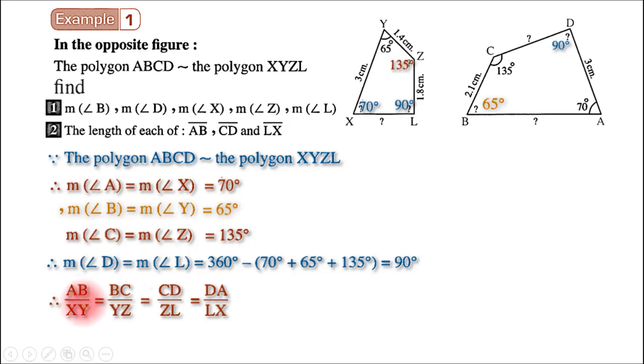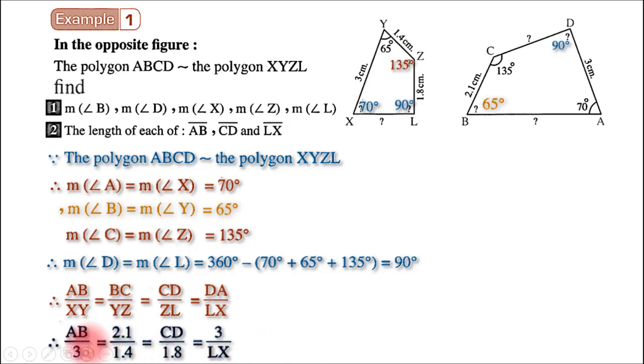And we put the lengths of the sides. AB over XY, which is 3 centimeters. BC equals 2.1 over YZ, 1.4. CD over ZL equals 1.8. DA over LX equals 3 over LX.